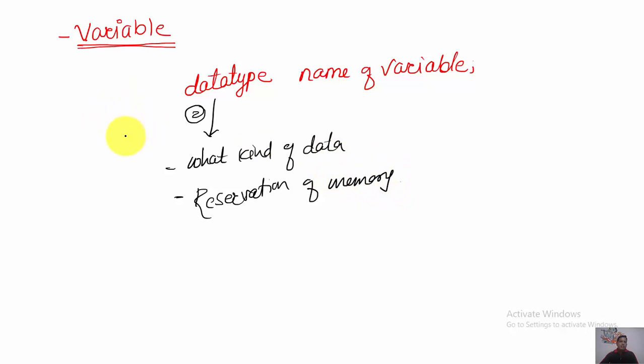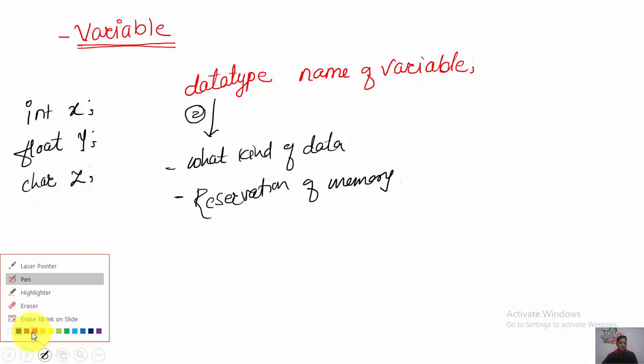So for example, suppose in our program we want to handle a simple integer value, then we are going to declare in this way, say integer x. If we are interested to hold the floating point value, we are going to declare, say, float y. And for a simple single character, I will say char z.